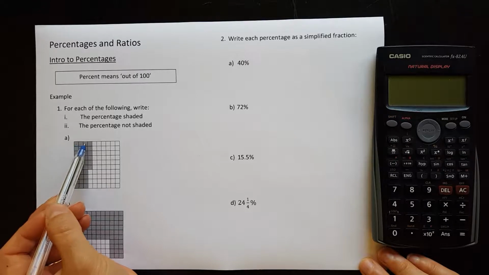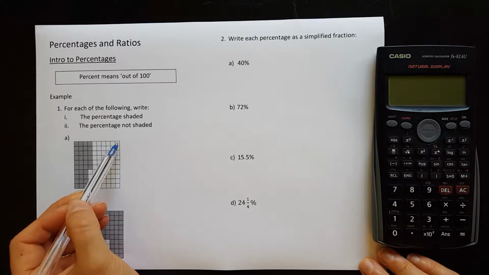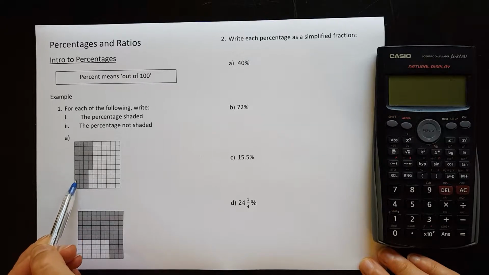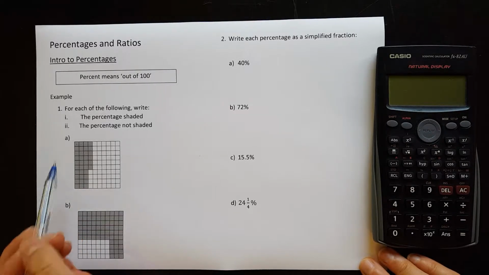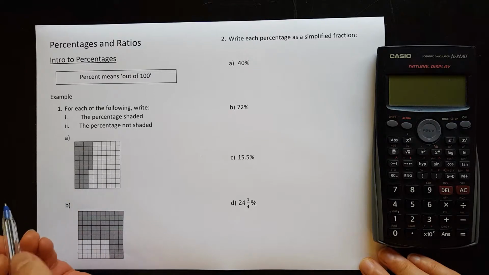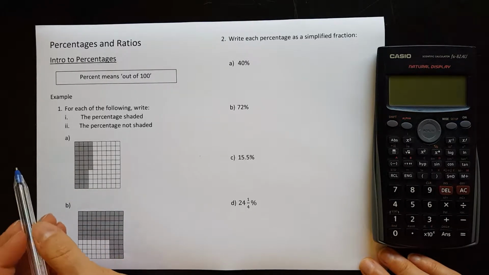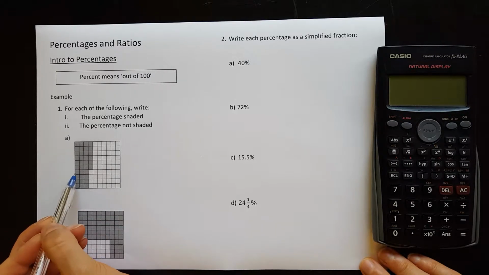We have 1, 2, 3, 4, 5, 6, 7, 8, 9, 10 rows, and 1, 2, 3, 4, 5, 6, 7, 8, 9, 10 down that direction as well. That means that there are 100 little squares in this diagram. So each one of these is 1%.